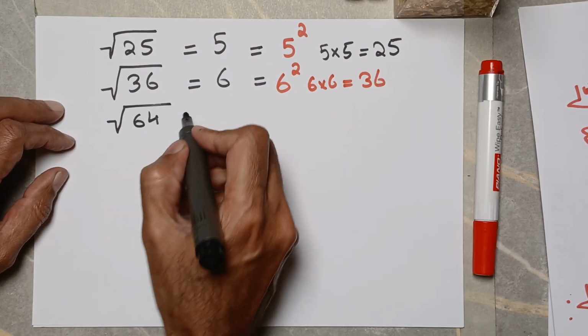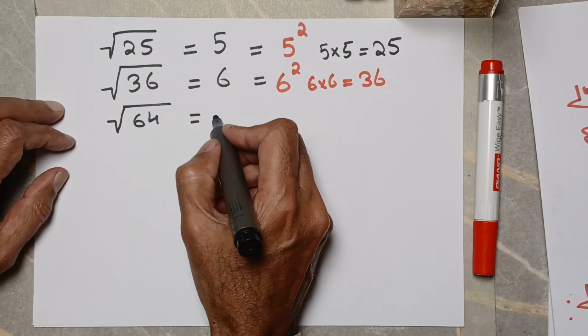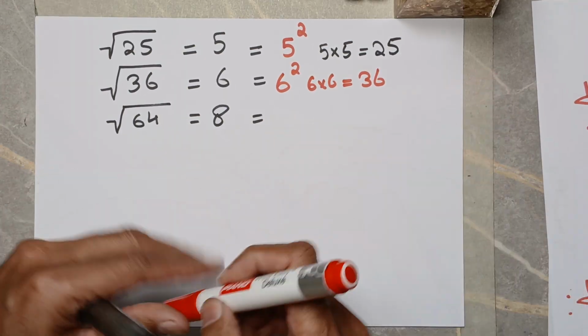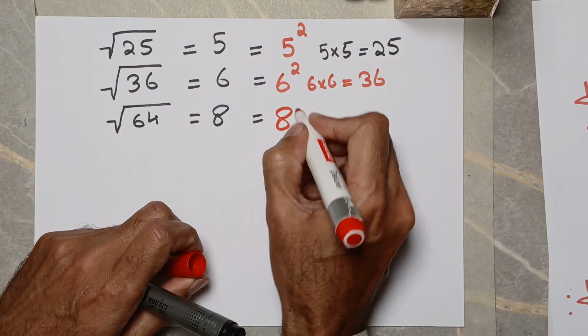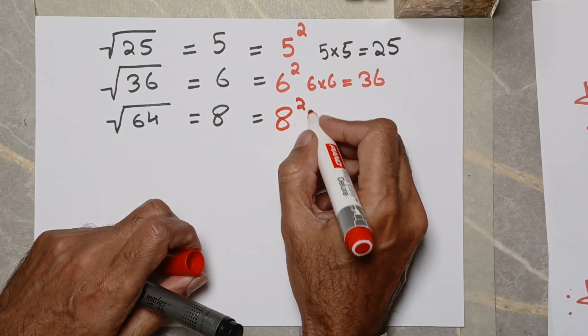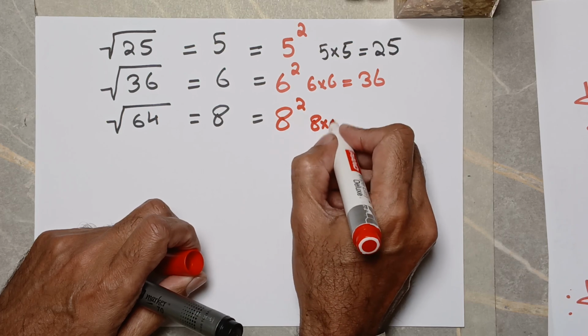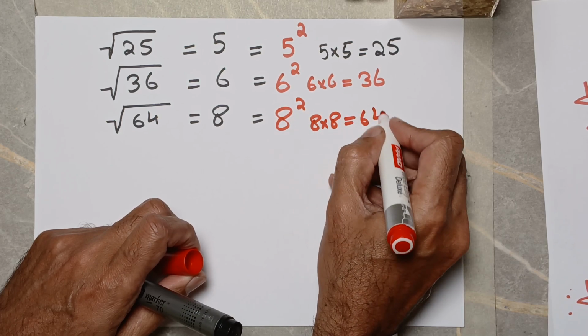Suppose that we have 64, whose square root is 8, and it could be easily written as 8 raised to the power 2. So it will be 8 times 8, which is 64.